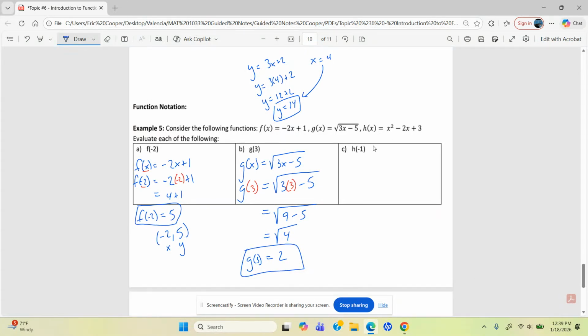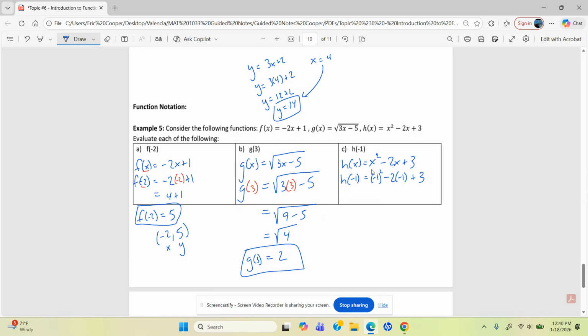Let's do it one more time. I want h of negative 1, so it's going to have to go into the function for h. Now you notice this time there's multiple x's in my h function, but each one of them is getting replaced with negative 1. And I'm going to put parentheses around it as I do it. So x squared should be negative 1 squared. Negative 2 times negative 1 plus 3.